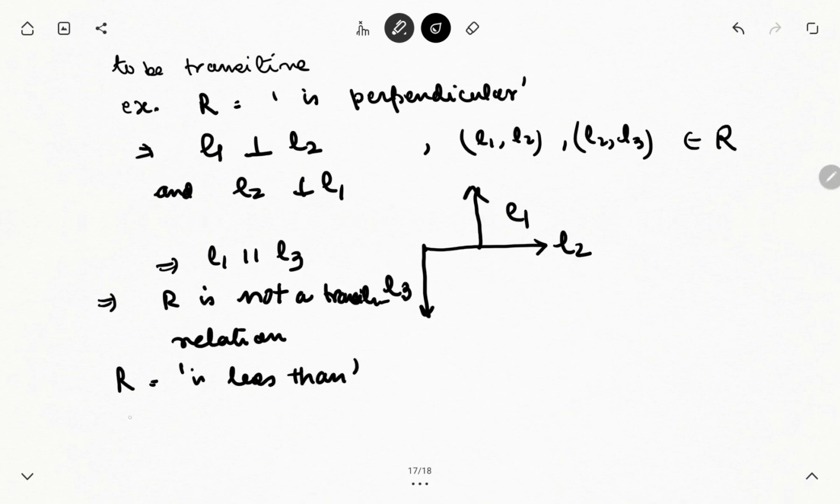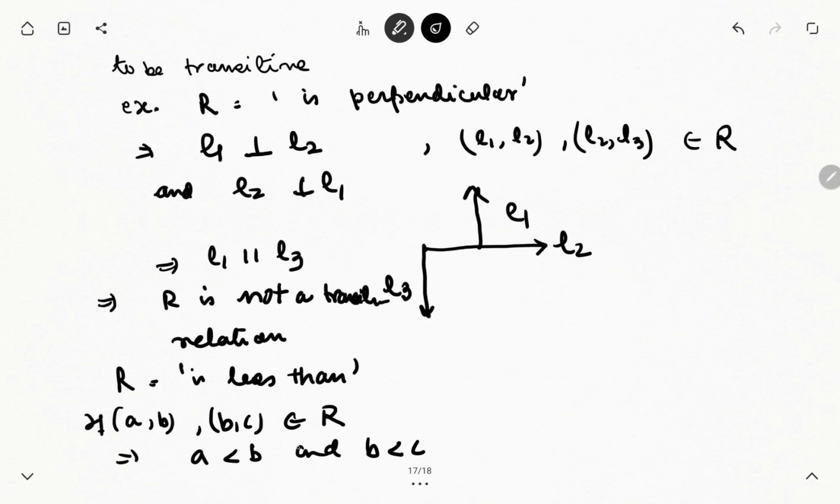Let's consider (a, b), (b, c) belongs to R. This implies a is less than b and b is less than c, which implies (a, c) belongs to R, or you can say a is less than c.